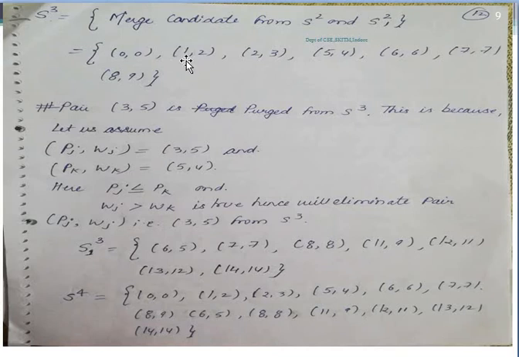Here also the weight is increasing, and simultaneously the profit is also increasing. Here the weight is increasing from 3 to 4 and the profit is increasing from 2 to 5. The weight increasing, profit also increasing. Here the weight increases from 7 to 9, the profit increases from 7 to 8.